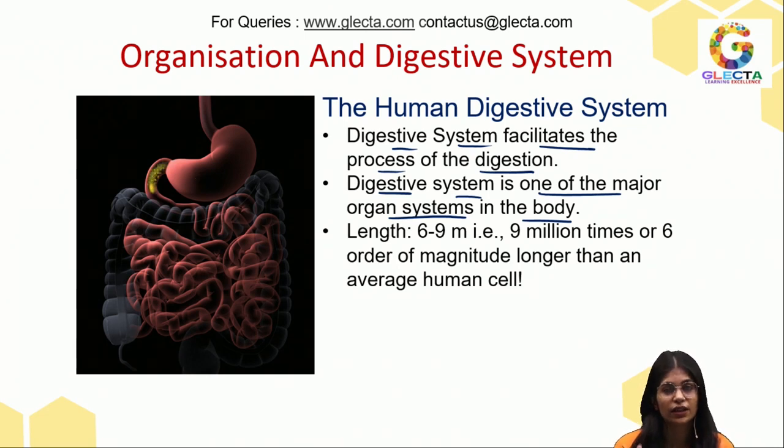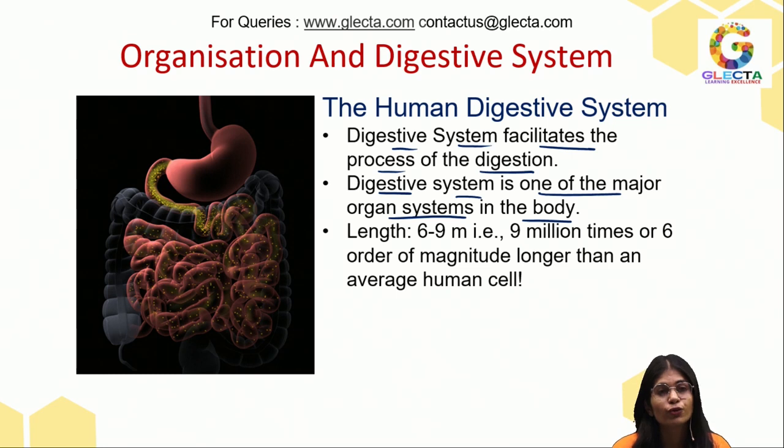Then there is your small intestine, large intestine, and then ending to the rectum. Other than that, I told you that there are two different organs, which is pancreas and liver, involved in the same process while not being a part of the system. So this is one of the major ones because it involves a lot of organs, and at the same time it performs a very crucial process, which is digestion of food, so that we can have that energy that we need to perform different kinds of processes.